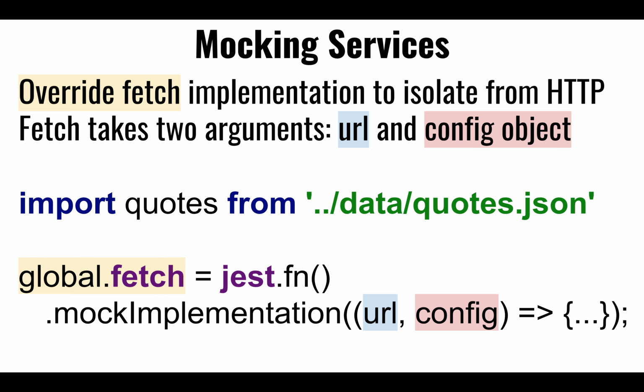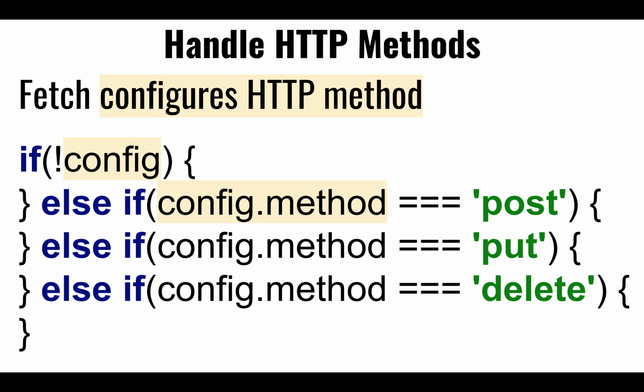We were able to do that in this particular case using jest.fn, and then providing a replacement function that could take the same arguments that the original fetch function did, and then we would control what the actual return values were. So let's delve into that just a little bit more.